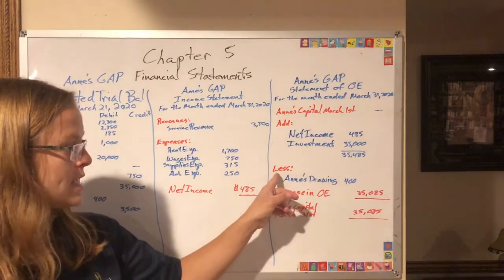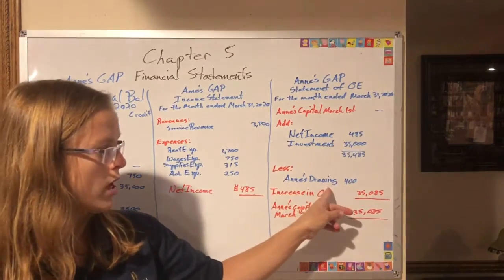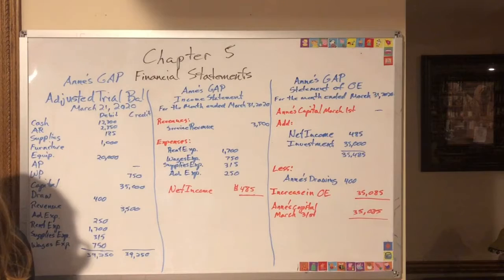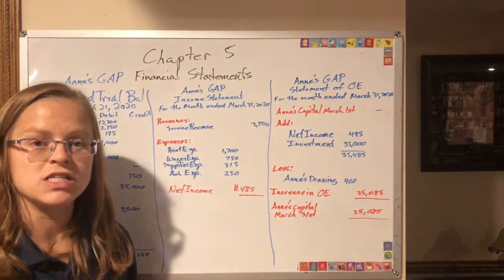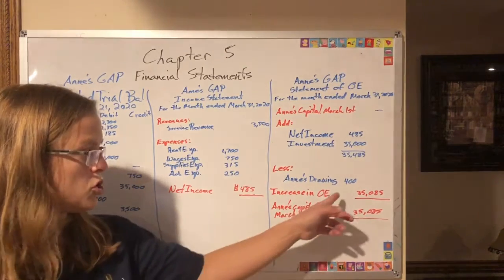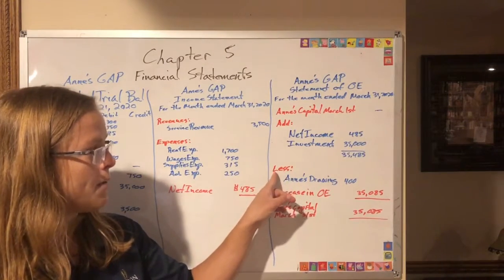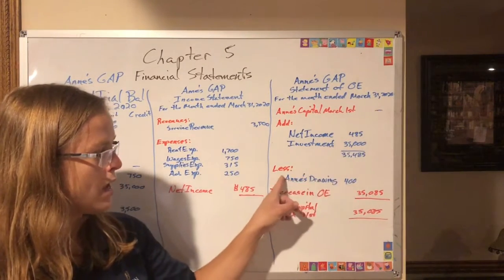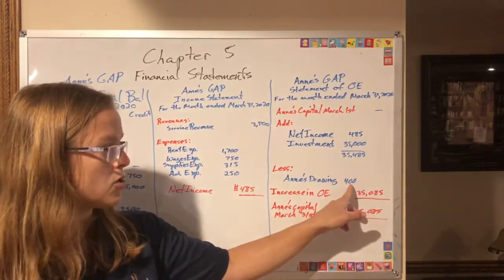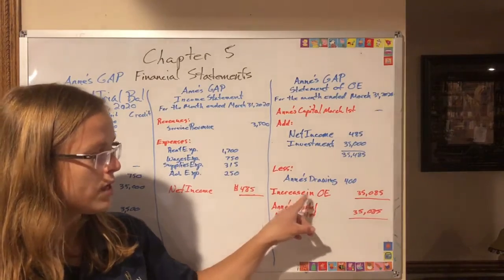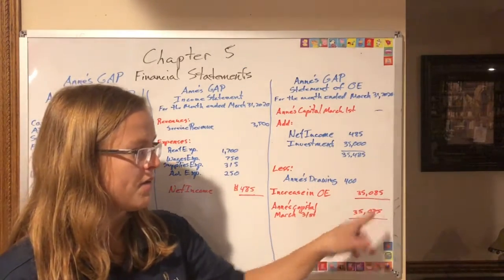All right, now we look at Ann's drawing. So we take less Ann's drawing of $400. Remember, Ann withdrew money from the organization for her own personal use. She withdrew $400. So we take this total and subtract the $400 from that total, and we get an increase in owner's equity of $85.